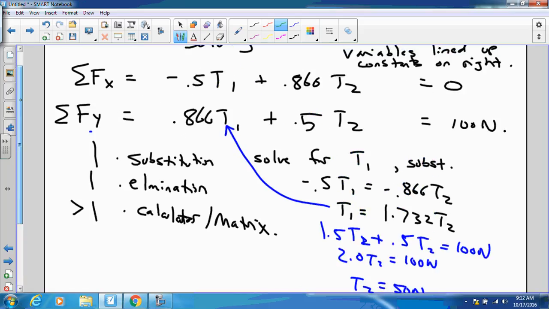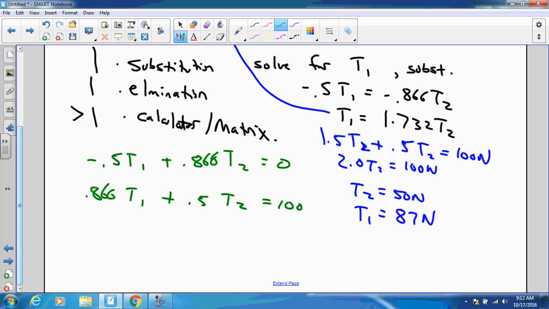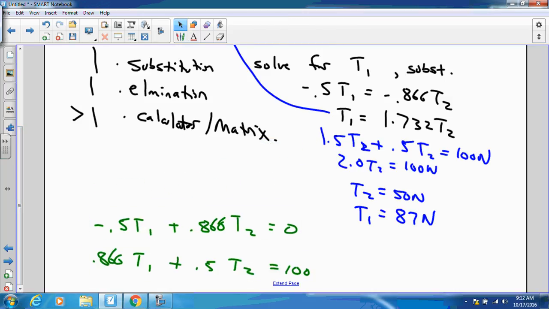Okay, how does the elimination go? The elimination is going to proceed by taking our equations and targeting a variable to eliminate.